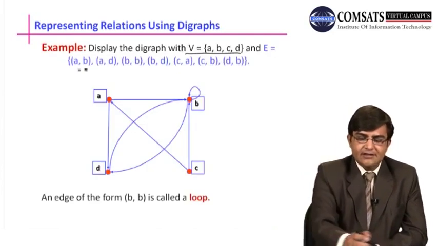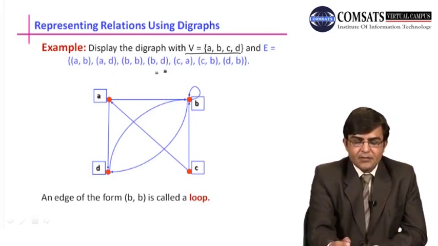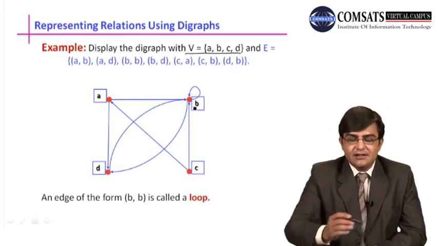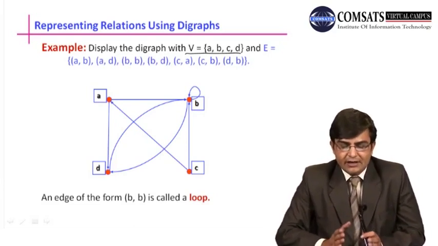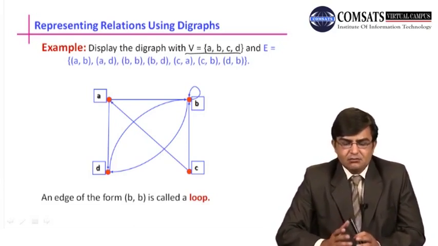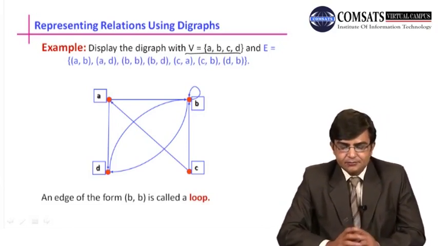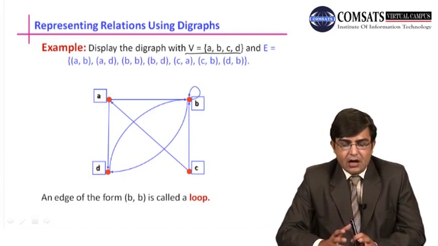We have defined this relation: A is related to B, A is related to D, B is related to B, B is related to D, C is related to A, C is related to B, and D is related to B. Under some relation E, we are not defining here what is the relation, but we know only that these elements are related under some relation E, because here we try to understand how to construct the directed graphs which represent the relations.